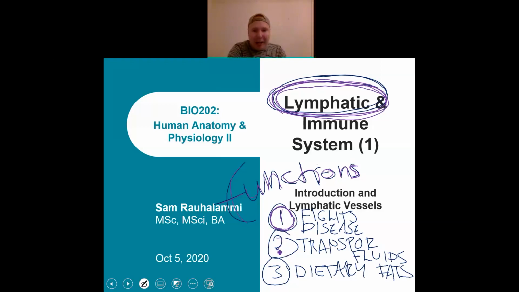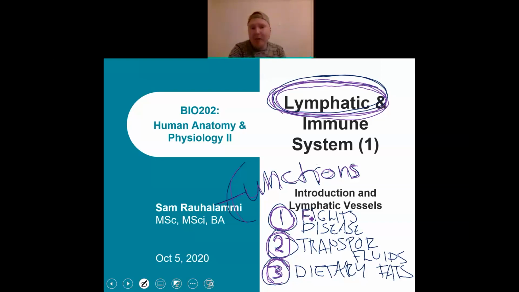But what we're going to do now is focus on the lymphatic system, and there are 3 main functions that we have identified for it. They will all become much clearer once we go through the lecture material, but I think it's a good idea to start with those.